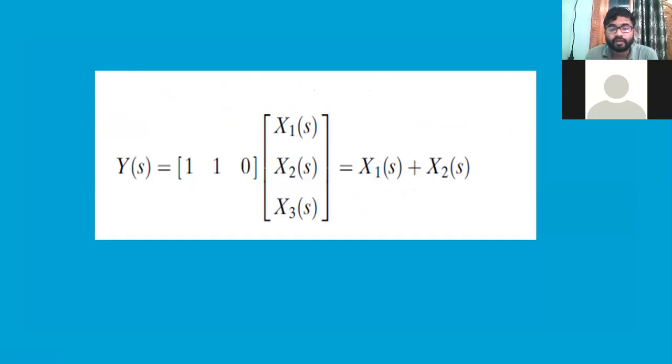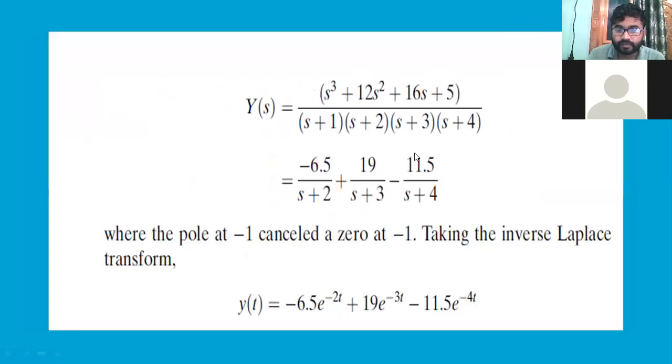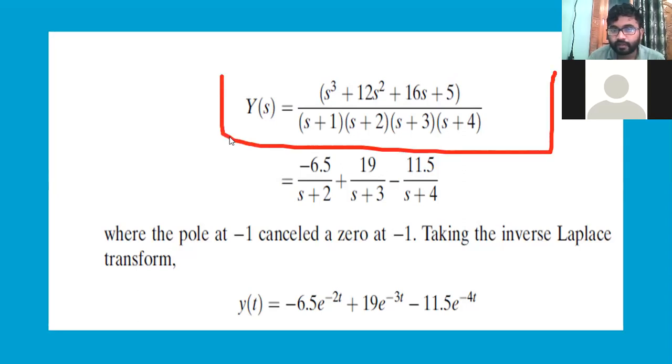What is the output? Y(s) is equal to matrix C into the state vector, that is x1, x2. So this is your output equation. After substituting, your output is like this. So this is your final solution. From here, you know the remaining task.